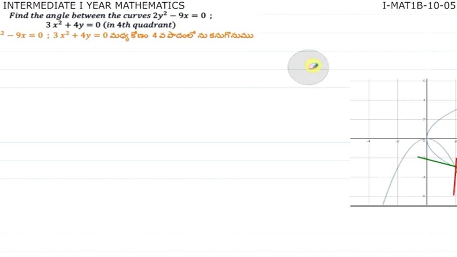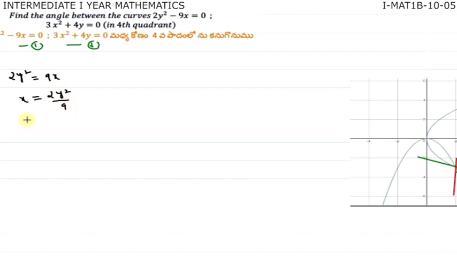Okay, this is the question. Find the angle between these two curves, and the point lies in the fourth quadrant. For that we have to solve the first equation and second equation. So from this I can write 2y square is equal to 9x, x is equal to 2y square by 9.